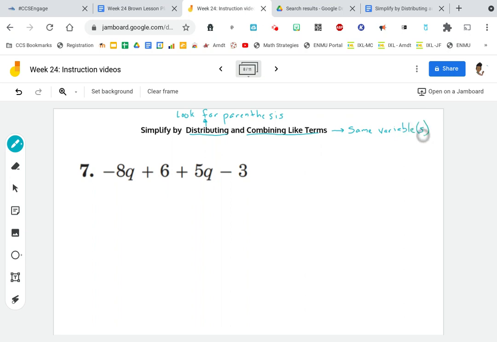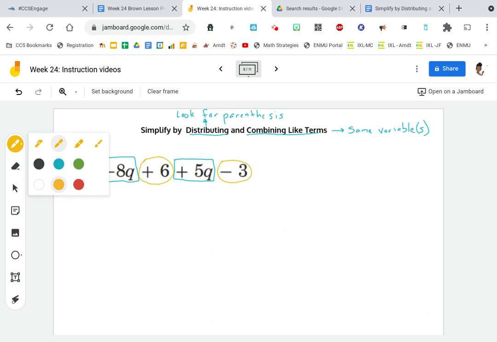with the same exponents. So I notice I have the term negative 8q, and I also have this positive 5q. Both of those terms contain the letter q. And then I see the constant, that just means a number without a variable, positive 6, and another constant, negative 3.